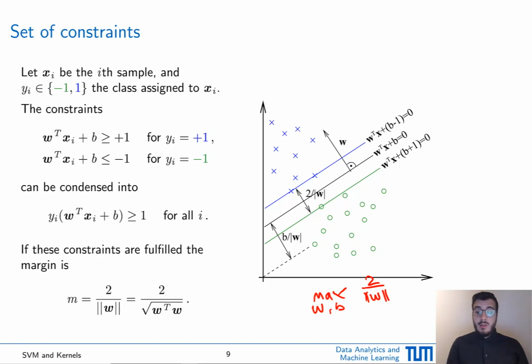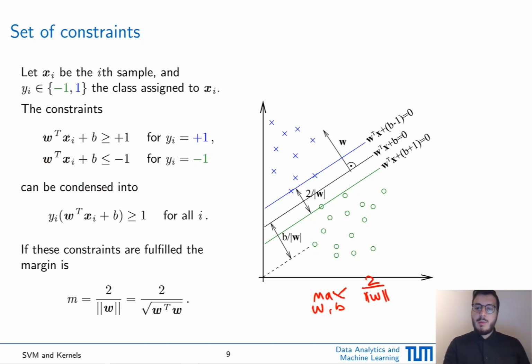Remember, in order for this to actually be a margin, it has to hold that all of the blue examples are above the blue hyperplane and all of the green examples are below the green hyperplane. Only then does this number measure the margin, which means that we have to enforce additional constraints to make sure that this is satisfied. So where do these constraints come from?